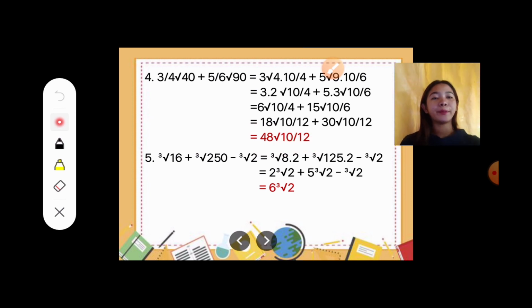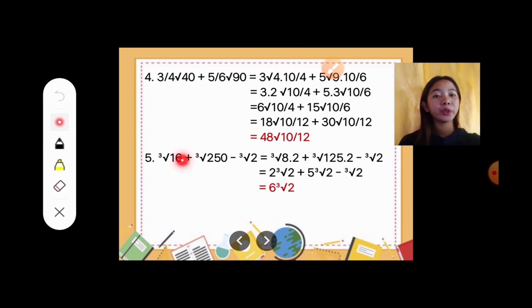So next example. Cube root of 16 plus cube root of 250 minus cube root of 2. So they have a different radicand but the same index, which is the cube root. So we need to make the radicand the same.